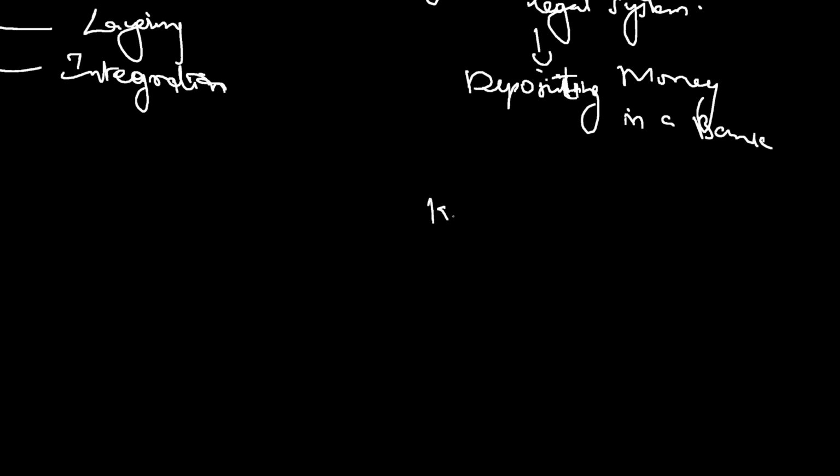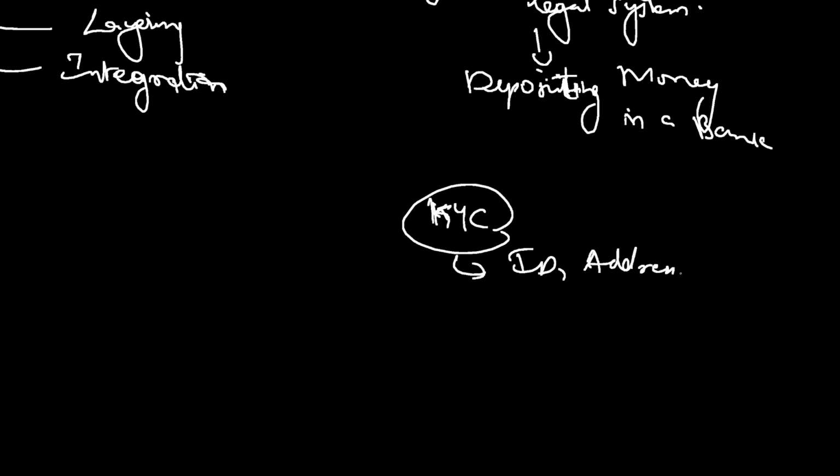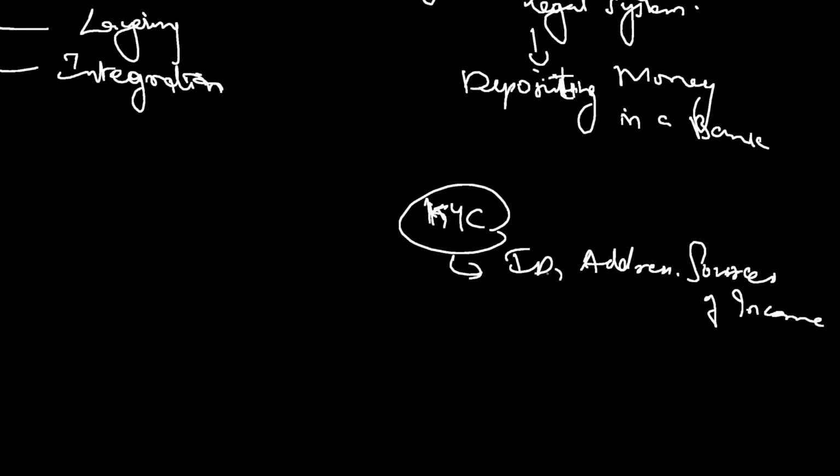They will do KYC first before taking any new depositor as their client or customer. As their anti-money laundering activity, they will check the ID proof, address proof, and sources of income. All such things can be checked by the bank, and only then will they allow you to open an account. These are some of the measures that a bank takes so that they can reduce money laundering activities.